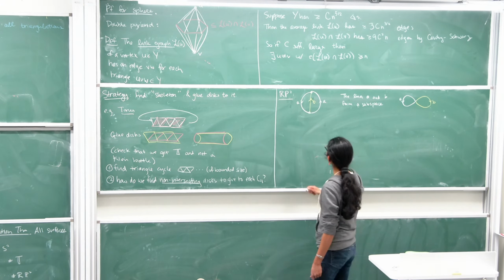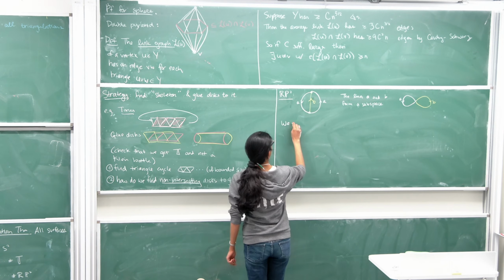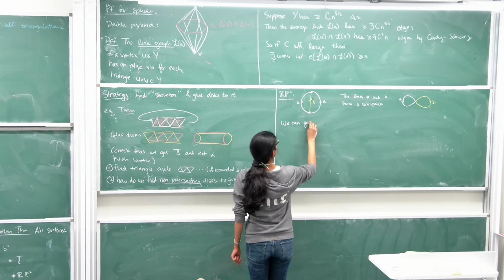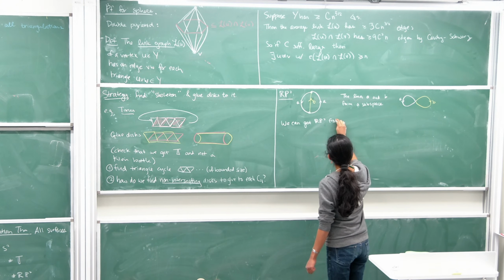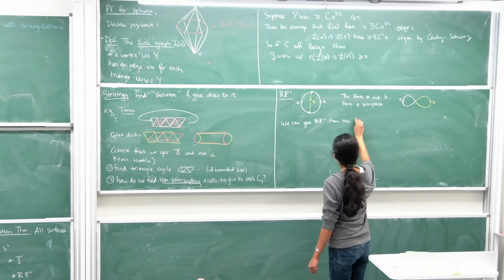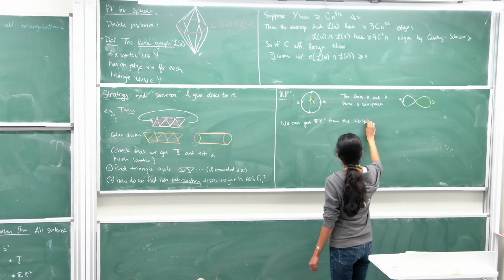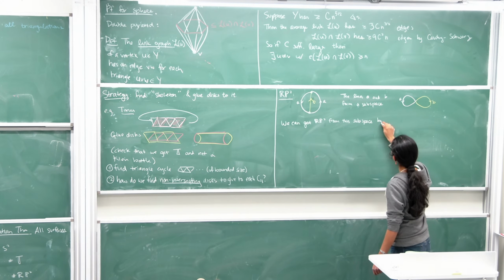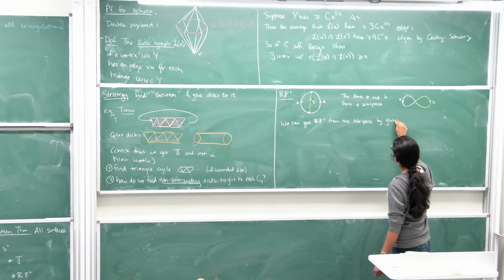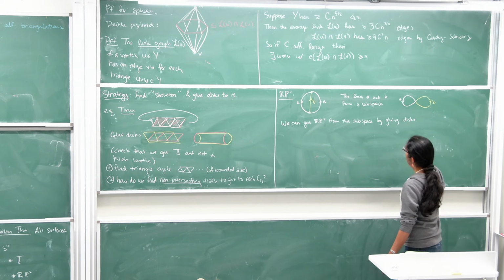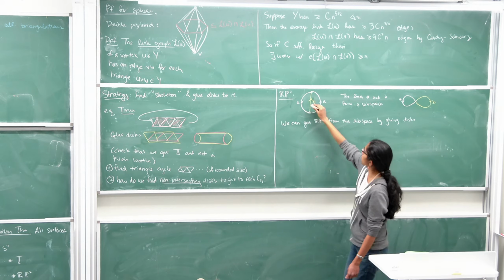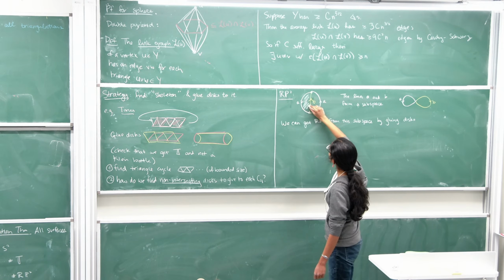And we can get the real projective plane from this subspace by gluing in two disks. So the first disk is going to correspond to this region out here.